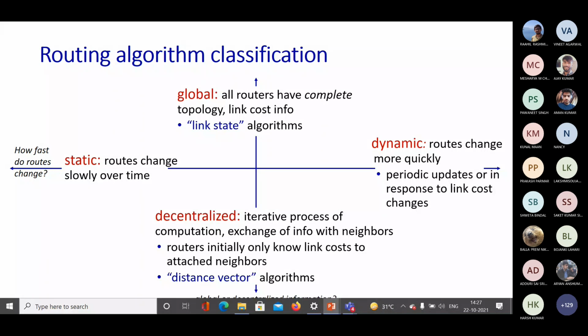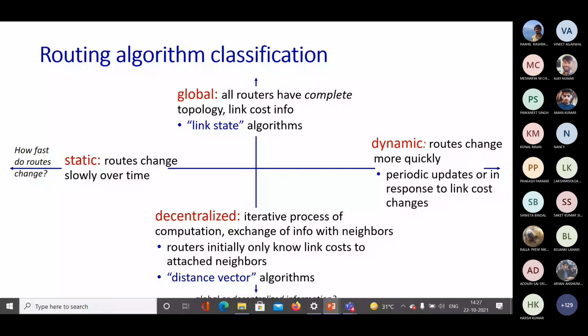Then another classification that we have is distance vector algorithms. What are distance vector algorithms? These are decentralized algorithms where, with the help of an iterative process, a host gets to know about the state of its neighboring hosts. A neighboring host would be a host which is directly connected to the current host.